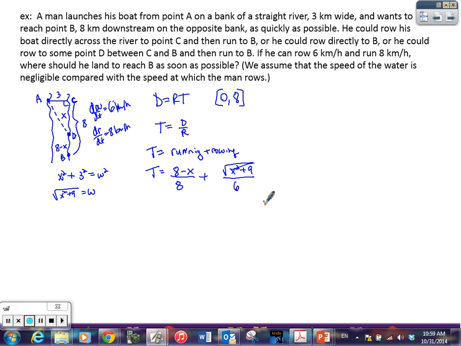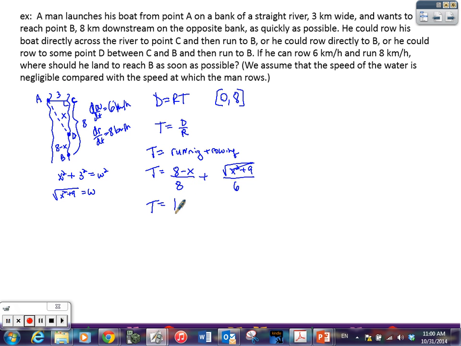Okay, so that's the equation that we're going to use to come up with our critical numbers for this middle scenario, where he's going to row to somewhere in the middle. Before I take the derivative, I would pretty it up a little bit. I would take this and turn it into 2 entities.